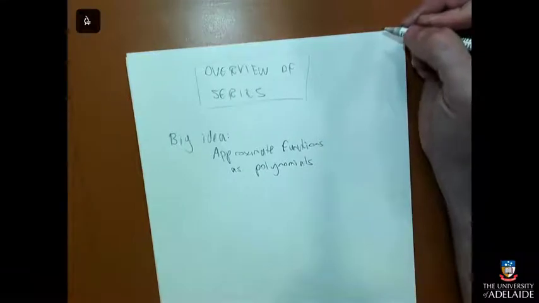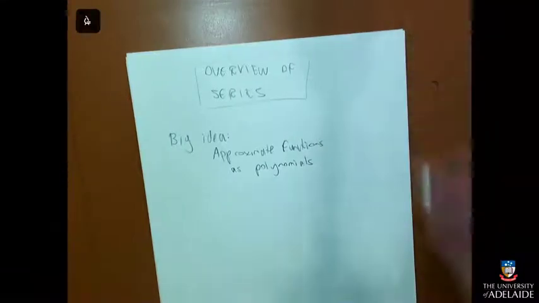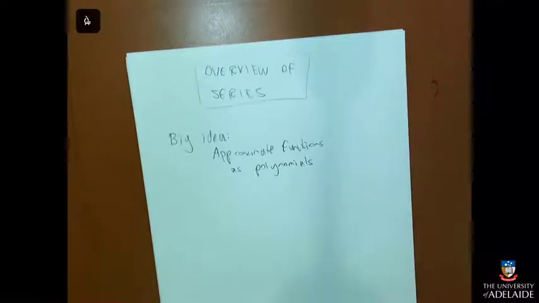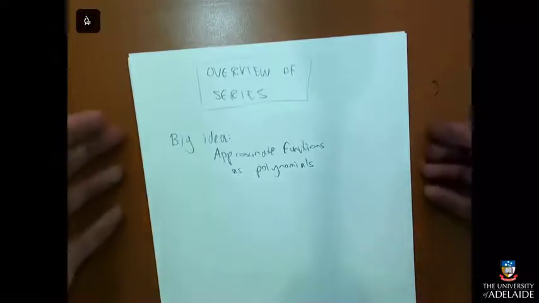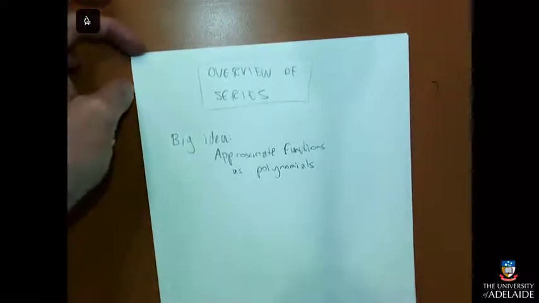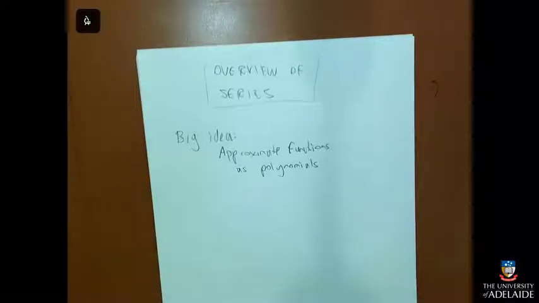Because polynomials are nice. I know how to do the derivatives of polynomials because I know how to differentiate x cubed and x to the 4 and x to the whatever, and I can just multiply them by the appropriate bits. And polynomials have very expected ways of having zeros: a polynomial of degree n has up to n zeros and up to n minus 1 turning points, and I can factorize them and integrate them, and they do all the nice things that I like them to do.